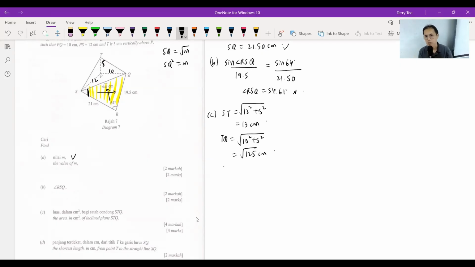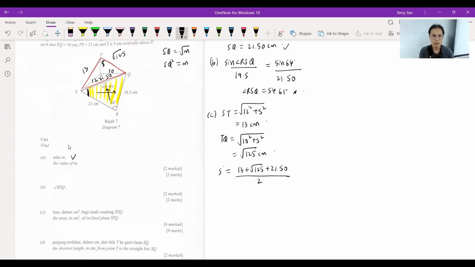So to find the area, we just use Heron's law. Remember Heron's law. First, we have to take the sum of the lengths of the sides and find the semi-perimeter. We know ST is 13, TQ is square root 125, SQ is 21.50. Add together, divide by 2. So 13 plus square root 125 plus 21.50, divide by 2.